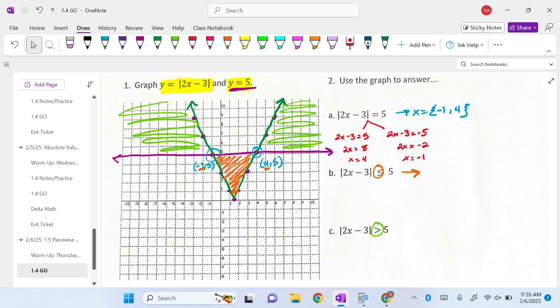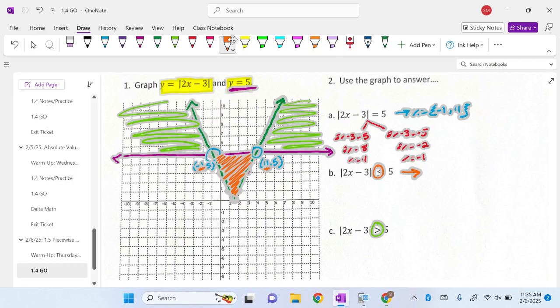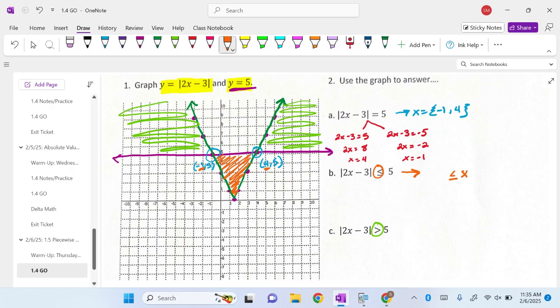Is my shading for less than, the orange, falling between two numbers or on opposite sides of two different numbers? Between two numbers. So am I going to write two separate inequalities, or one big compound inequality? If I'm talking about between, the compound. So I'm going to have something looking like this: x with a less than or equal to on either side, because we have the less than or equal to.